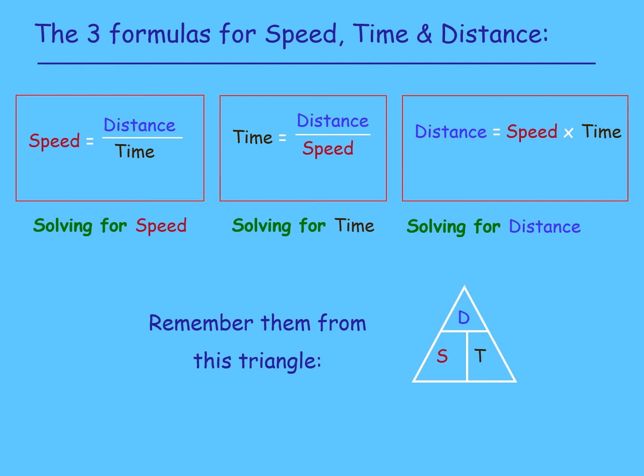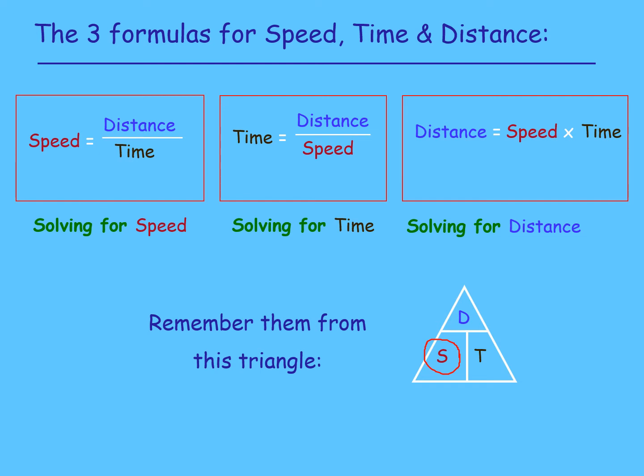D is for distance, S is for speed, and T is for time. So if the problem is speed, then the formula for this one is d all over t, or distance divided by time.